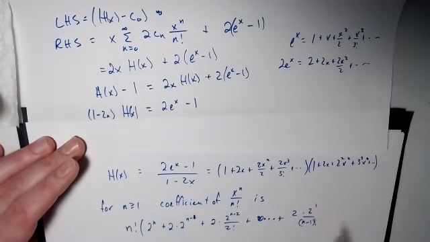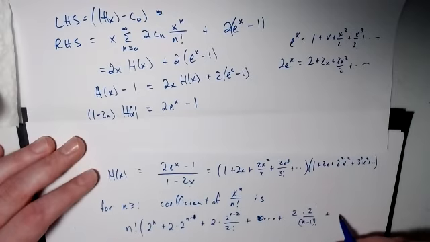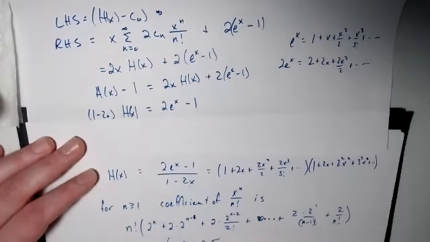This is just the convolution, but we tacked the n factorial on the front, plus 2 over n factorial. So that's equal to n factorial times 2 to the n plus 2 times the sum as i goes from 1 to n of 2 to the n minus i over i factorial.